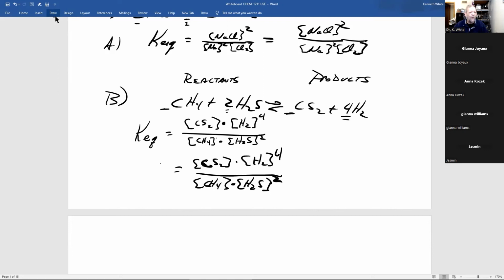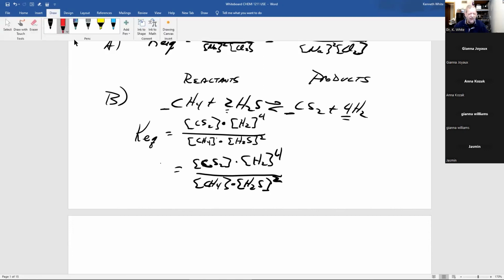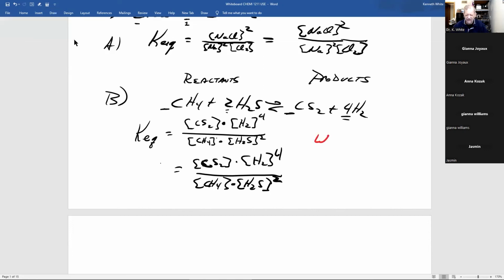Now, watch closely. A common mistake that students make, and see, it even says wrong on there, they'll write down this. Instead of multiplying, they'll put a plus.